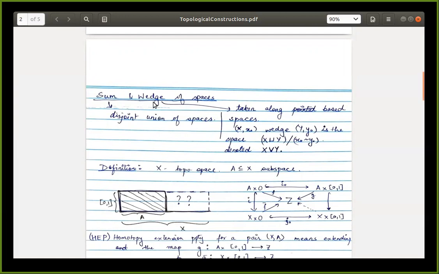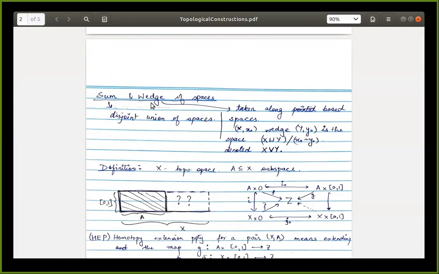And the next concept is about the wedge of spaces. So if we want to look at the wedges, the first thing to keep in mind is that this is done through based spaces. Okay, what does that mean? That means that in a space, you identify a point and consider that point as special in some sense, like how we used to do when we defined the fundamental group of spaces.